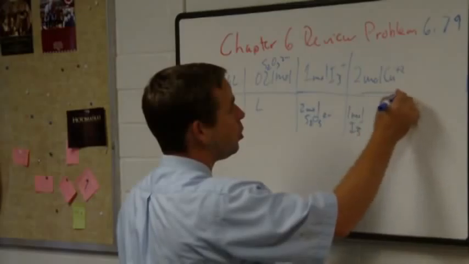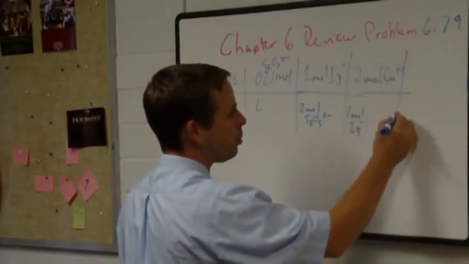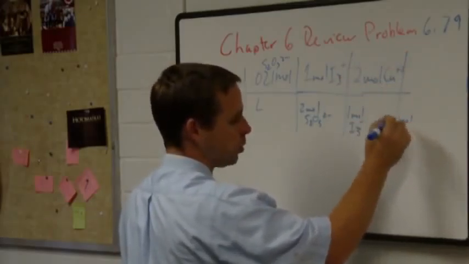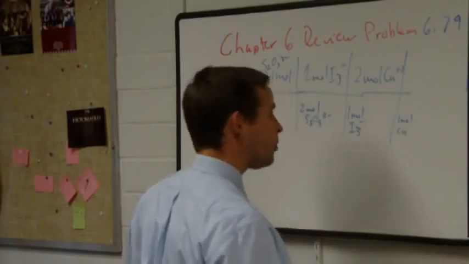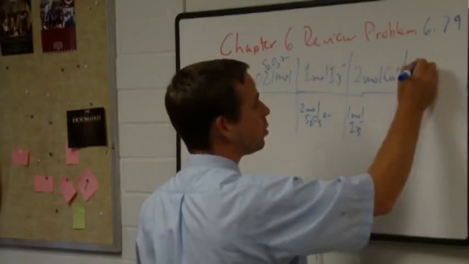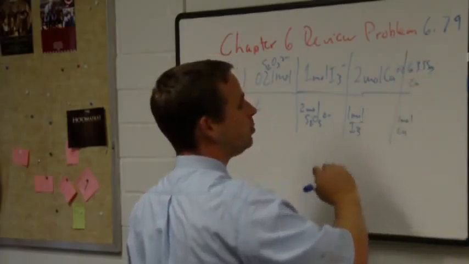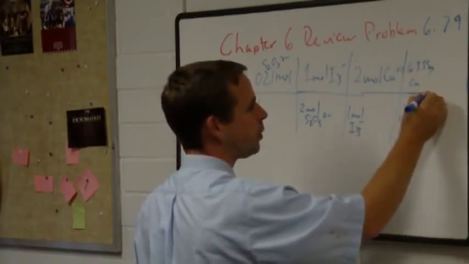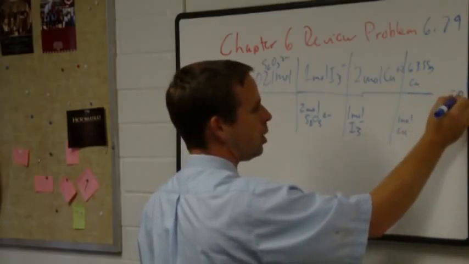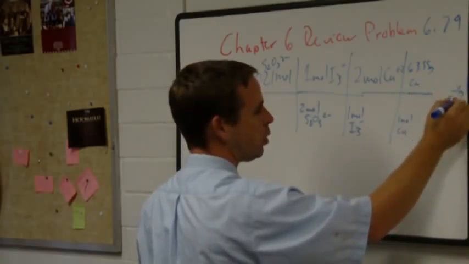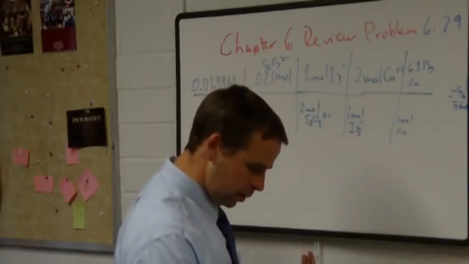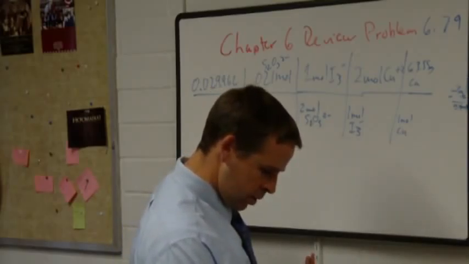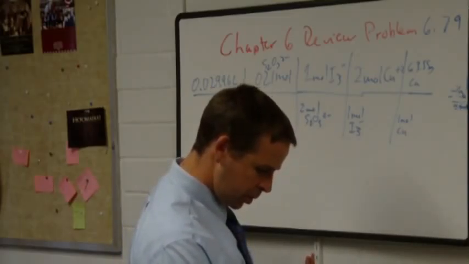So for every 2 moles of copper, or for every mole of copper, that is 63.55 grams of copper. And we want grams percent, grams of copper over grams of sample. Right? Because we want, like it says here, what is the percentage by mass of copper in the ore.